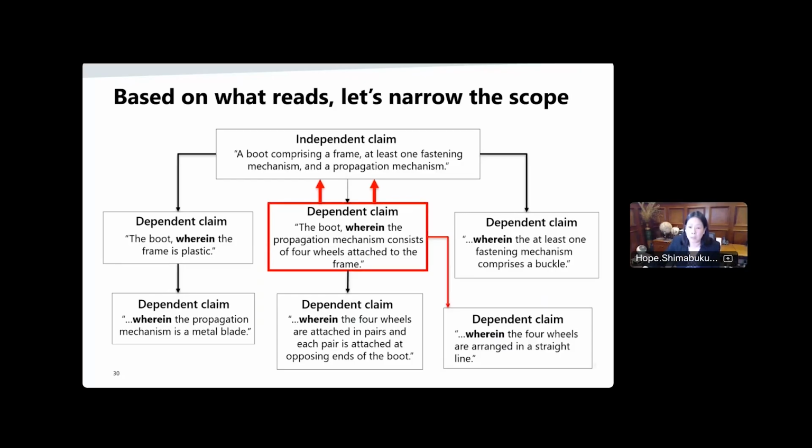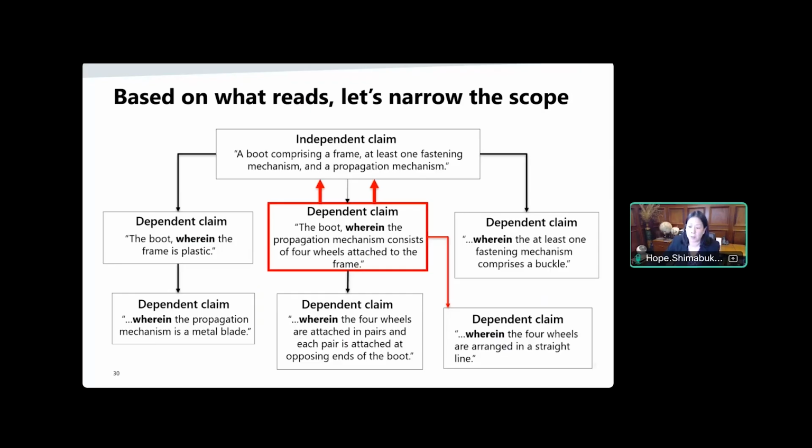So based on what we read, let's go through and see how we can narrow the scope, okay? So when we add the wherein the propagation mechanism consists of four wheels attached to the frame, we can actually overcome the hockey skate because it actually has a blade instead of four wheels.